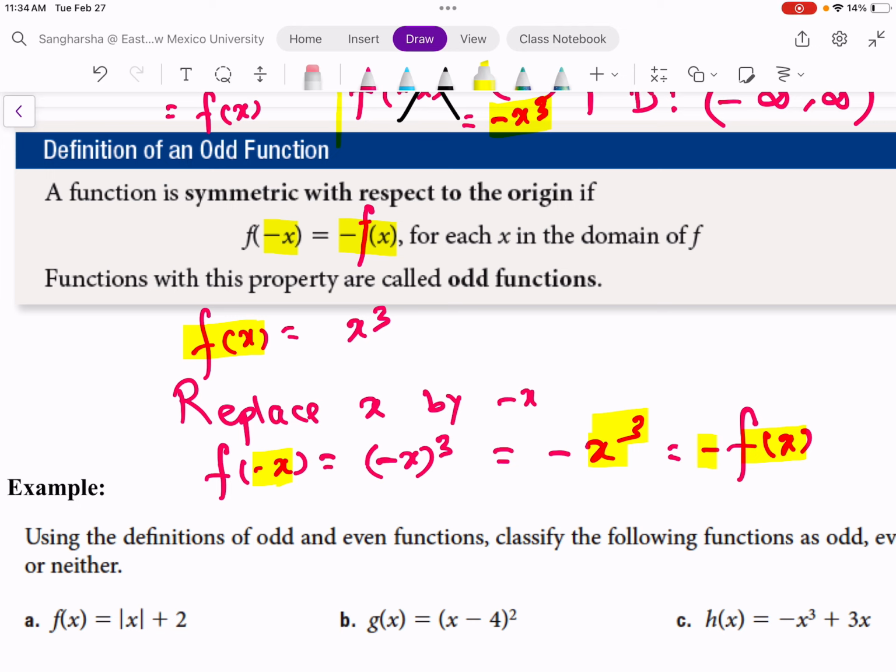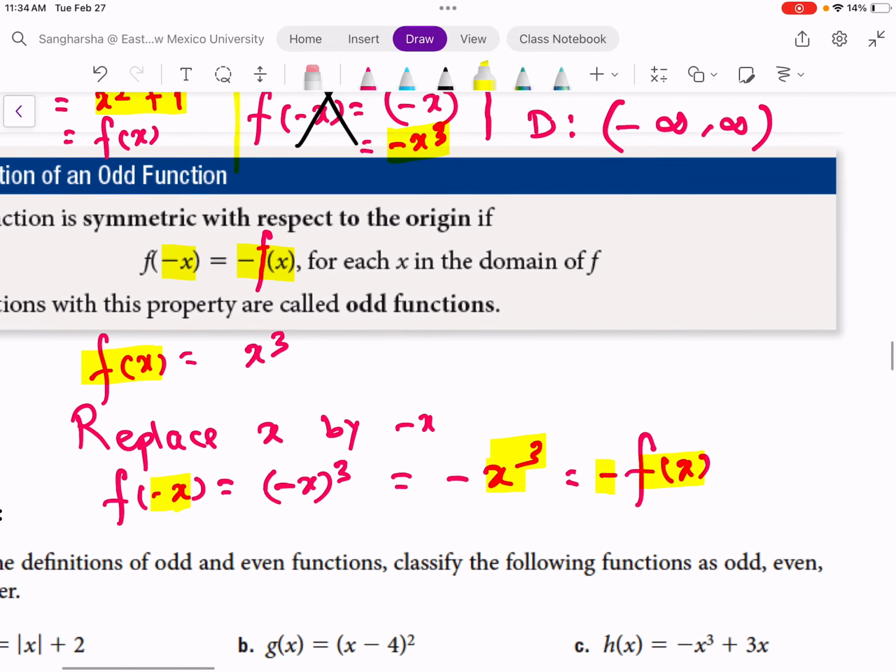It means the function is the same upside down, or on the right and left side. In order to check whether it's symmetric with respect to the origin or not, you replace x by negative x. If you get the negative of the original function, then it's symmetric with respect to the origin.